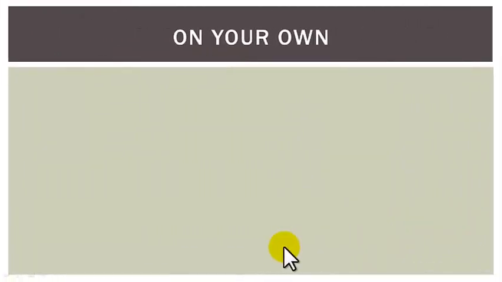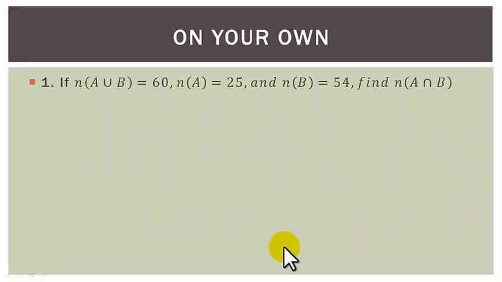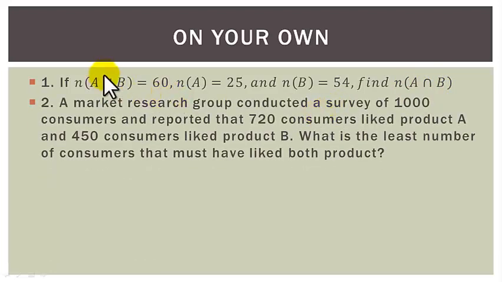On your own. Number 1. If n(A union B) is equal to 60, n(A) is 25, and n(B) is 54, find n(A intersection B). Number 2.